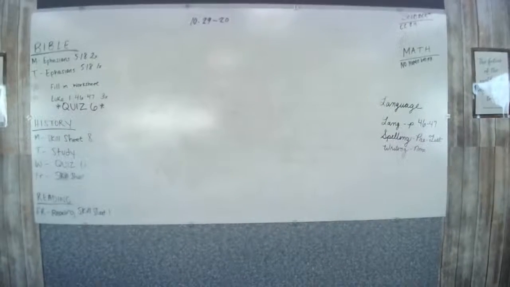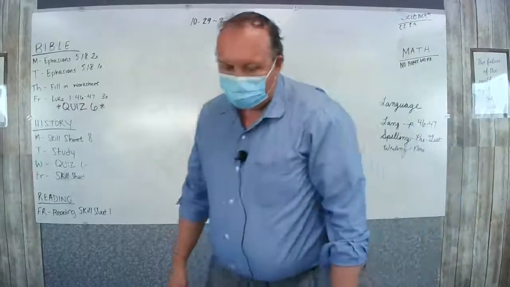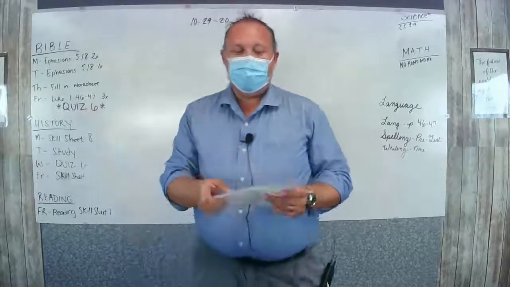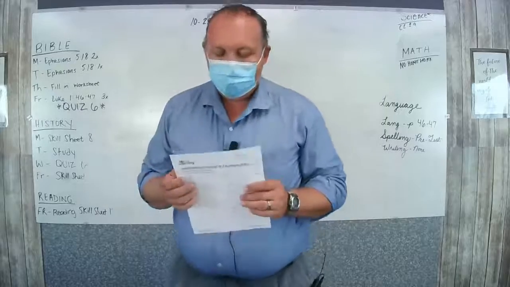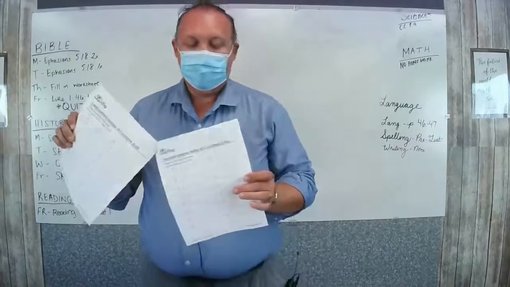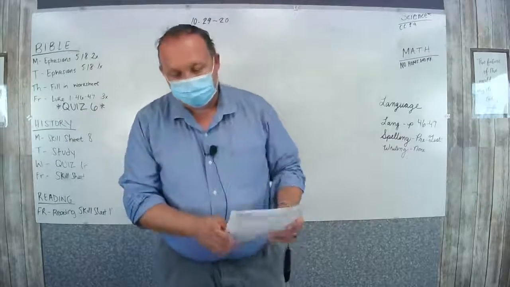Okay, so you guys have a worksheet that we're going to be working on today. You actually have two worksheets. We have one worksheet that's for least common multiple, or LCM, and then you have another worksheet that is for GCF, or greatest common factor, right?